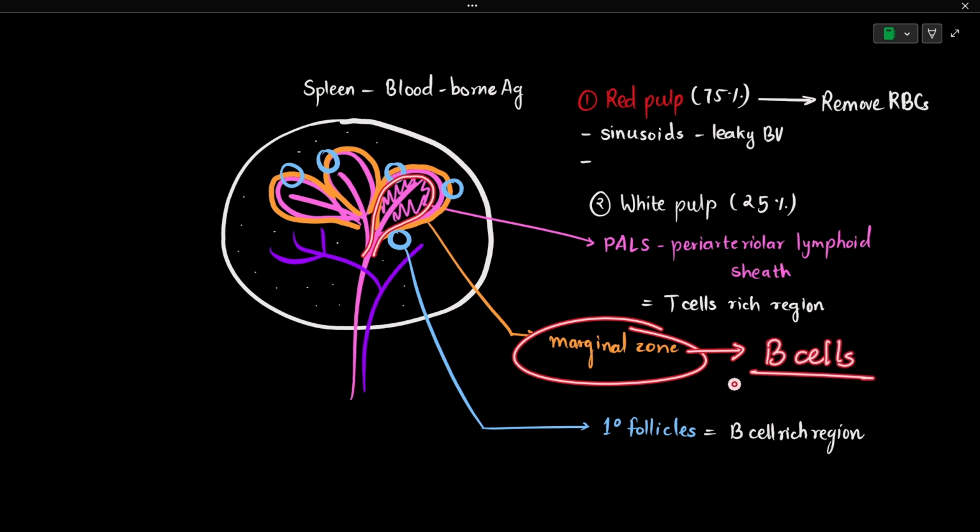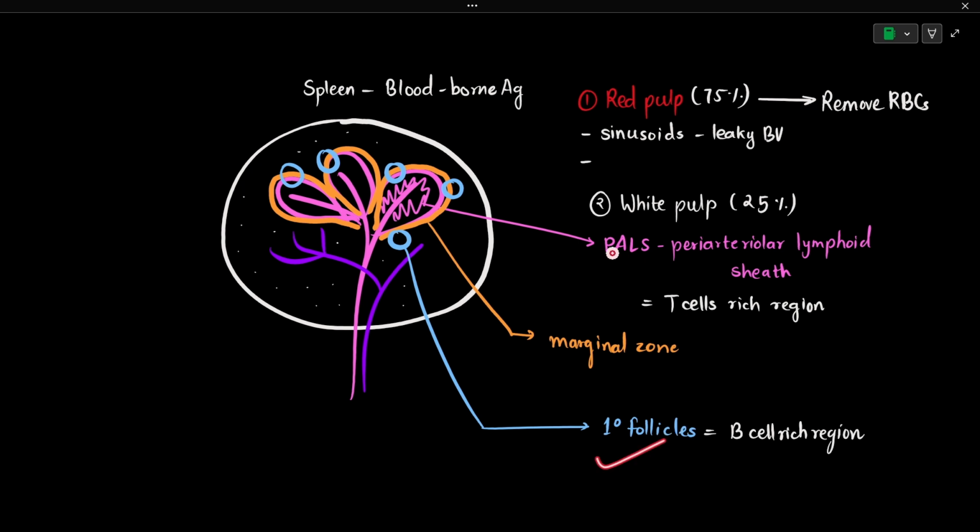Those B cells are not brought by the circulation like in the primary follicles or the PALS, but are always there in the spleen, present in the marginal zone. These resident B cells plus the macrophages in the marginal zone are going to trap the blood-borne antigens, and they will fetch them to the primary follicles.